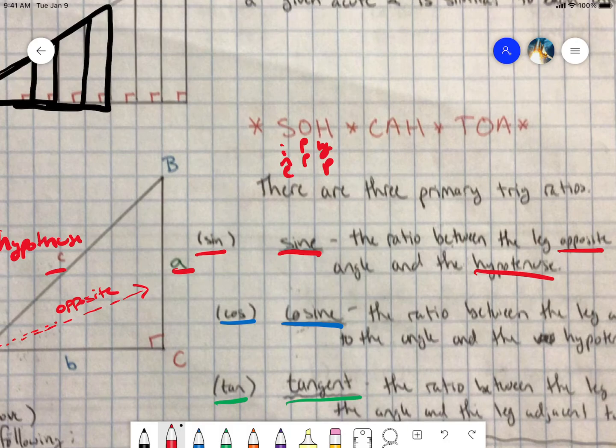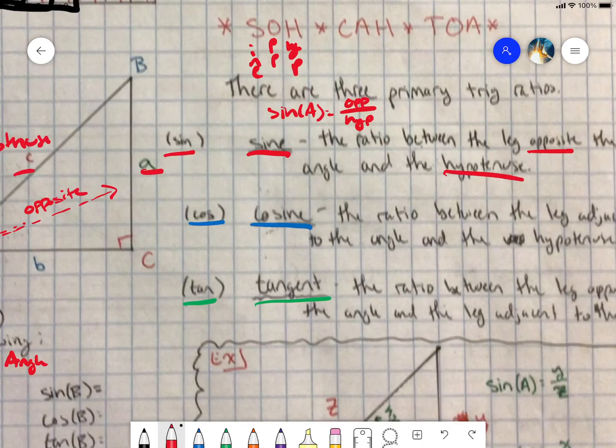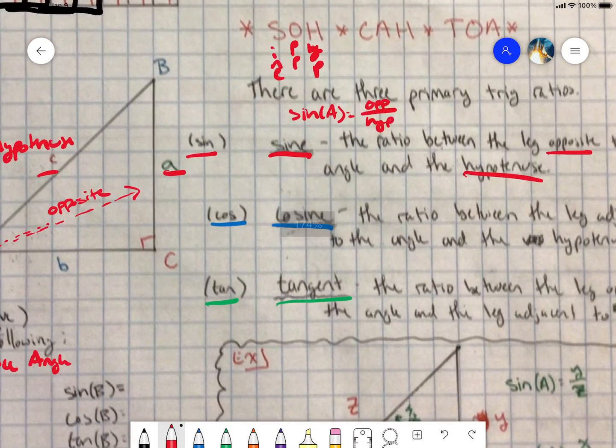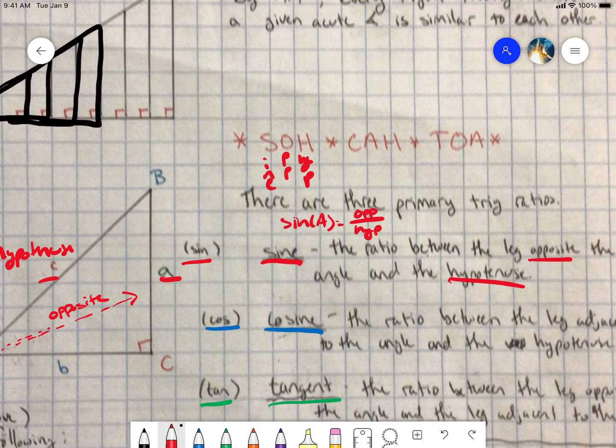Another way of thinking about sine is equal to opposite over hypotenuse. Again, SOH: sine, opposite, hypotenuse. Okay?